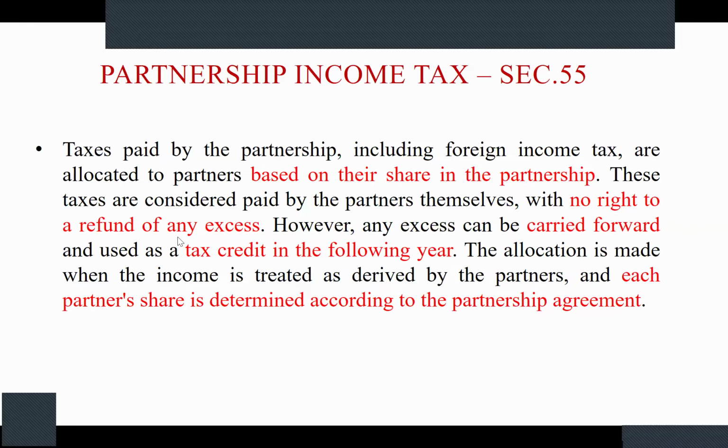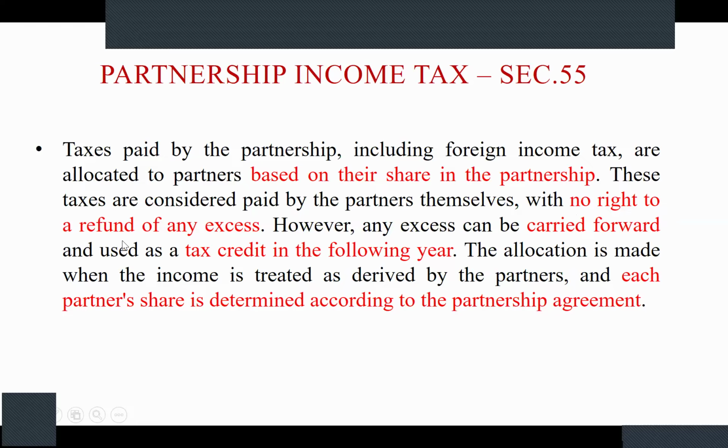Sometimes the credit may be greater than the tax payable, but there is no right to a refund of any excess. For example, the partnership paid 200,000 tax. There are only two partners.